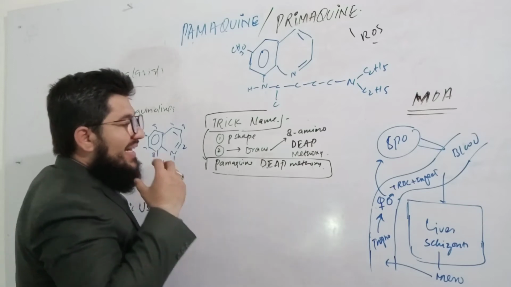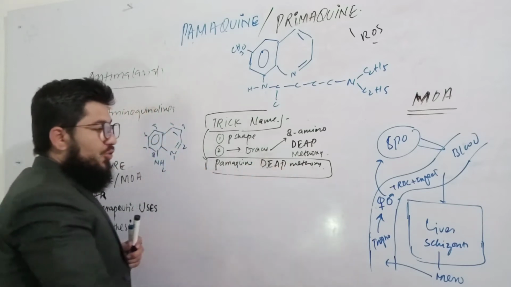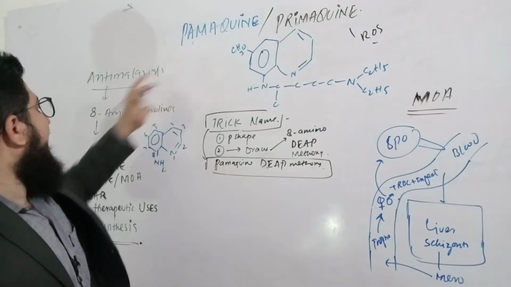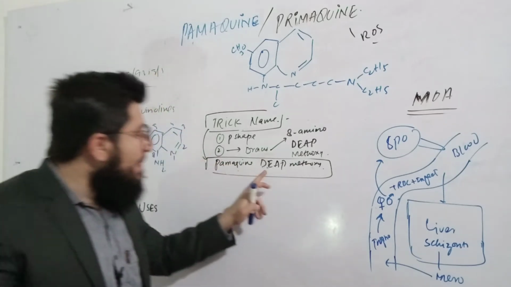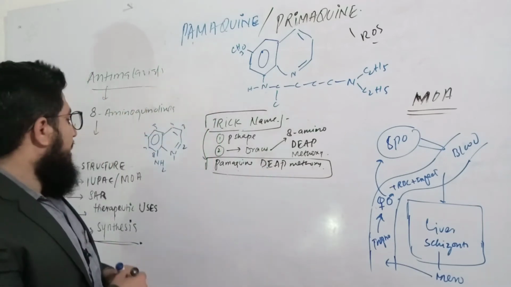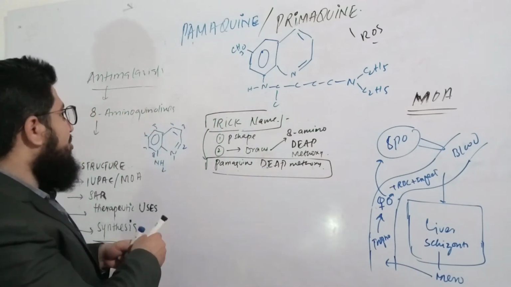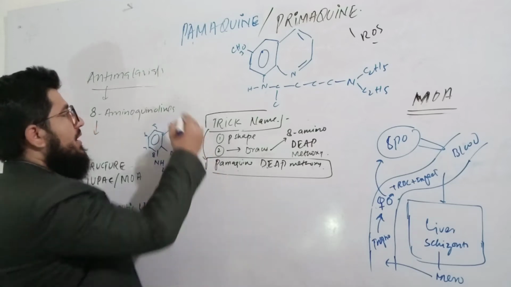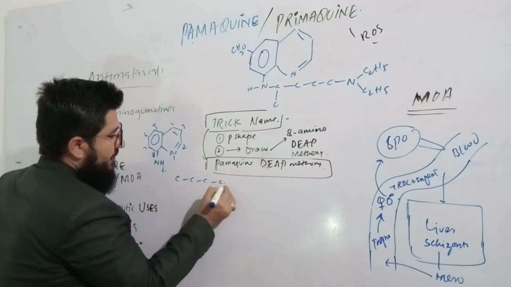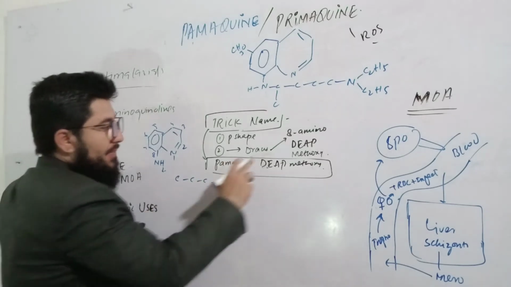First of all, let me tell you about this trick name. Then I will go through the drawing. Pamaquine, we know, is an 8-aminoquinoline. And DEP stands for diethylaminopentane. Let me draw it here. You are supposed to draw this kind of structure: 1, 2, 3, 4, 5. Pentane, we know about pentane.